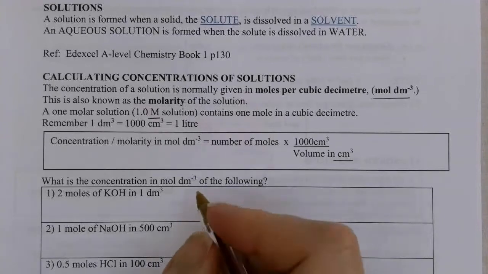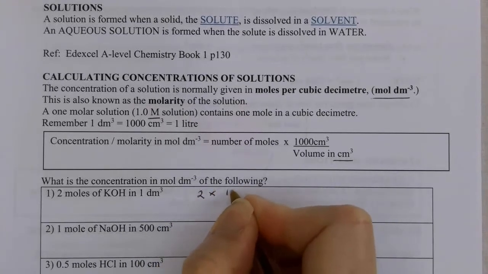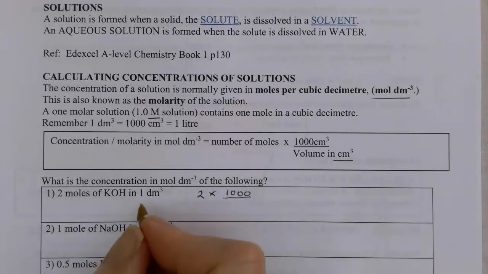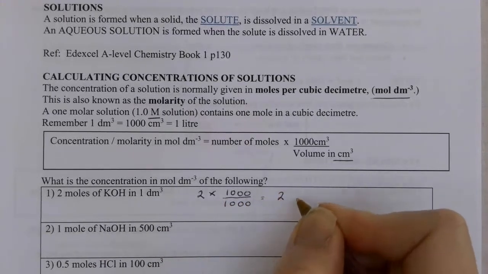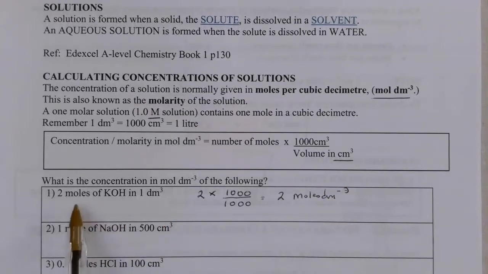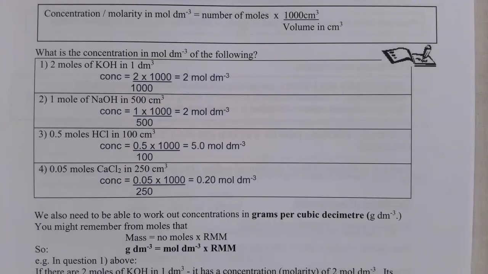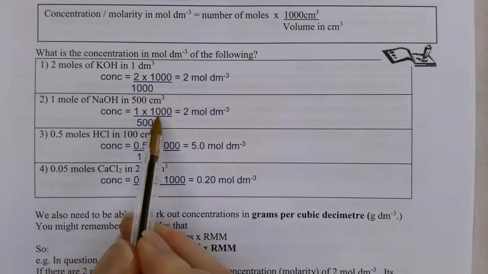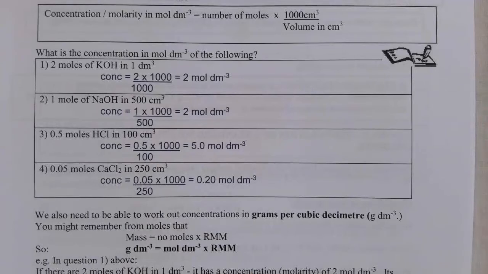The concentration is the number of moles, 2, times 1000 divided by the volume in centimeters cubed, where there are 1000 centimeters cubed in a decimeter cubed, so it becomes 2 moles dm to the minus 3. In other words, 2 moles in 1 decimeter cubed. And we work the others out on that page in the same way: number of moles times 1000 divided by the volume in centimeters cubed.